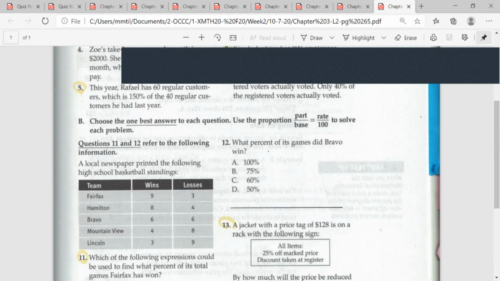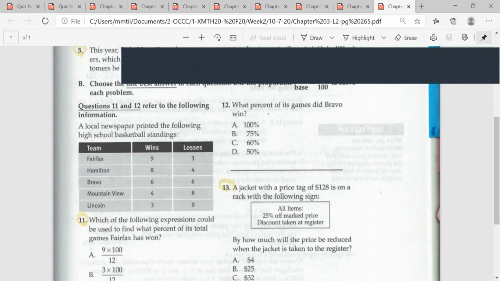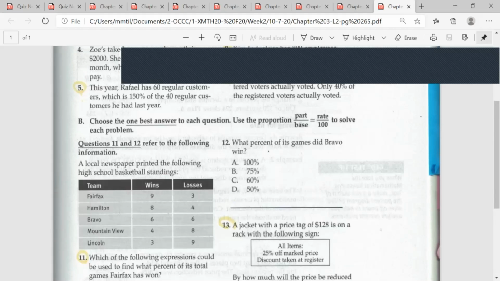So can we do number 12? Sure. What percent of its games did Bravo win? Where's Bravo? Oh, Bravo's right here. He wins 6 games and he loses 6. So what percent of the games did he win? The rate is what you're solving for, right?